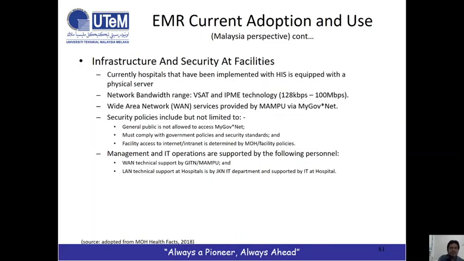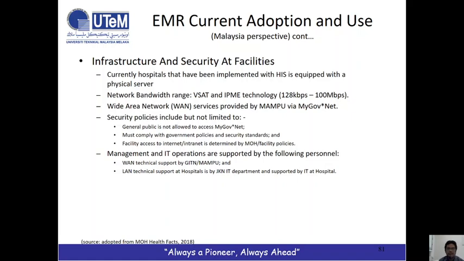In terms of infrastructure, security and facilities, hospitals that have implemented HIS are equipped with a physical server. They have their own server. All hospitals that implement the EMR system use dedicated servers and dedicated infrastructure, so they don't use a cloud-based application yet. Network bandwidth ranges from VSAT to IPVPN technology.